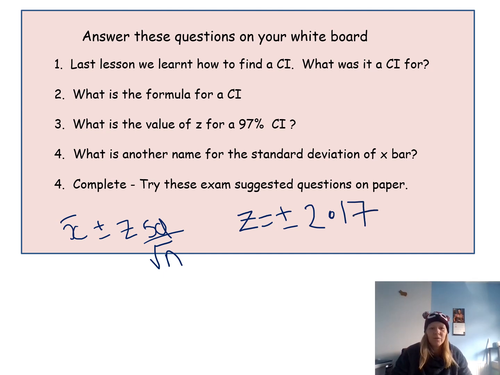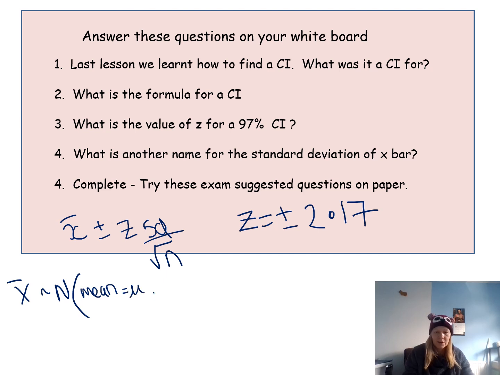Next question, number 4. What is another name for the standard deviation of x bar? If you remember, I showed you x bar followed a normal distribution because that's the distribution of means. The mean is mu, and the variance for this was sigma squared over n.